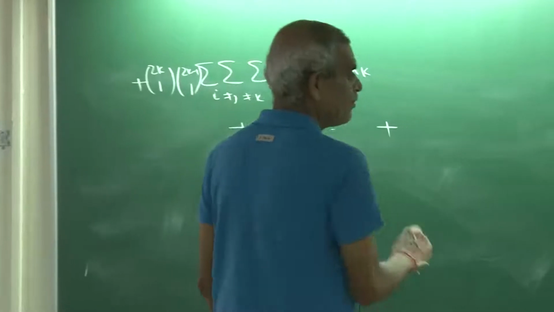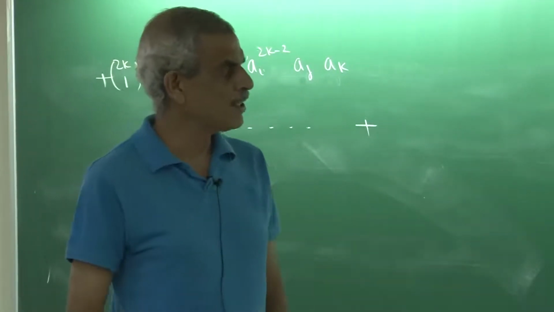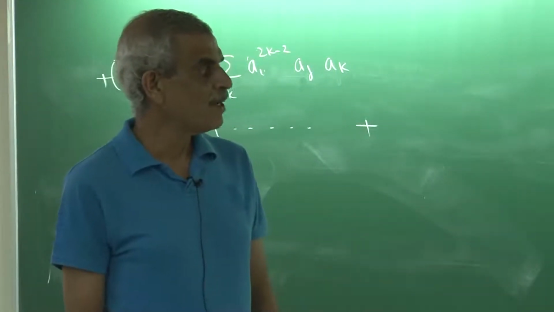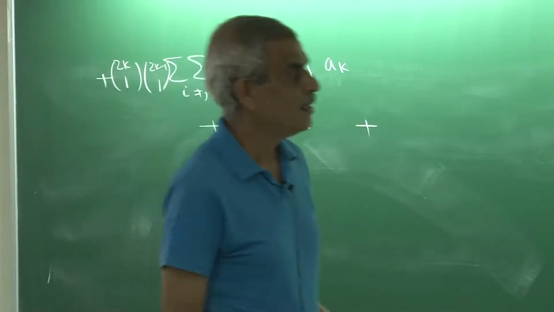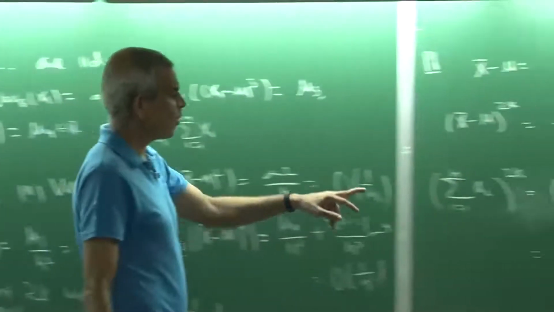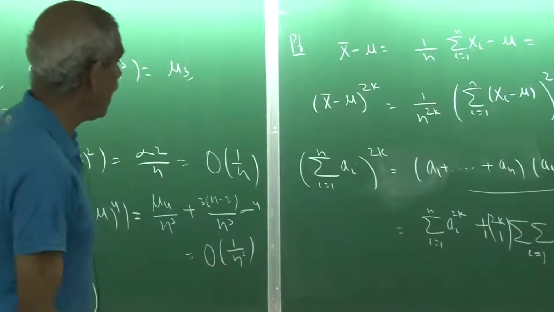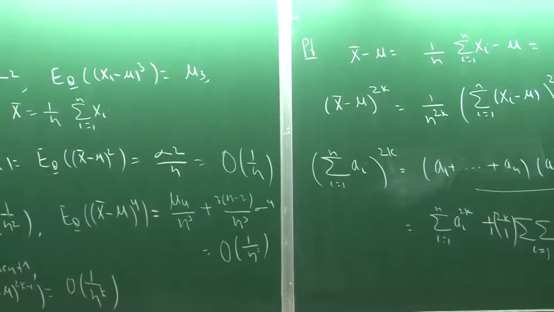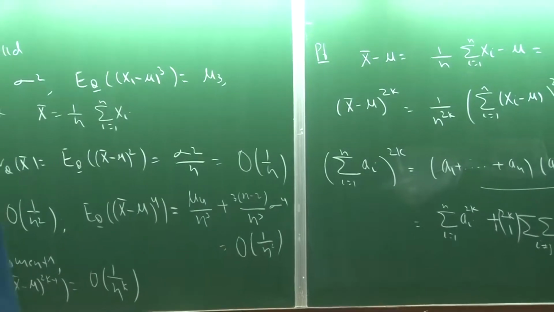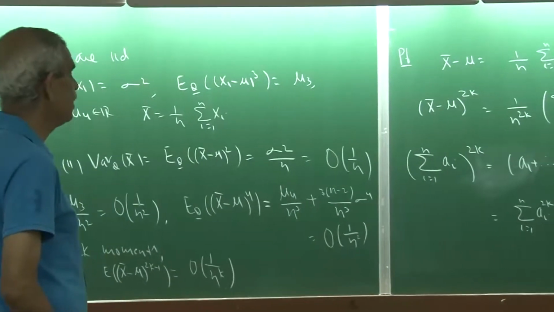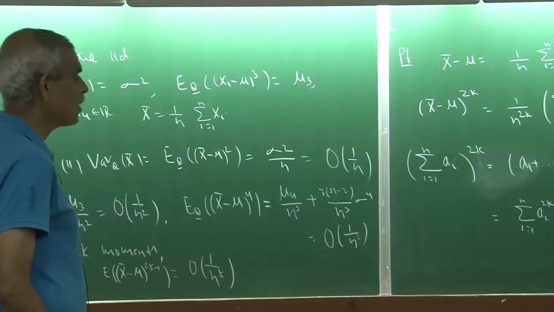That will be the last term. But before that, there may be a term of the type where each ai is coming twice, with a power. So a1 square, a2 square, and how many? Only k could come, right? So a1 is coming twice, a2 is coming twice, and so on.